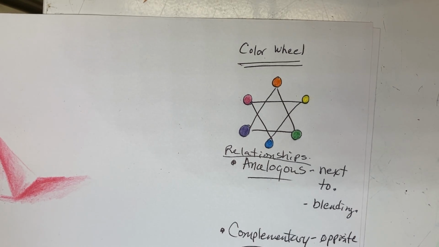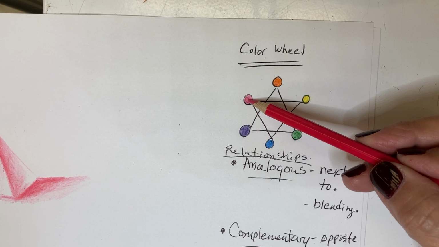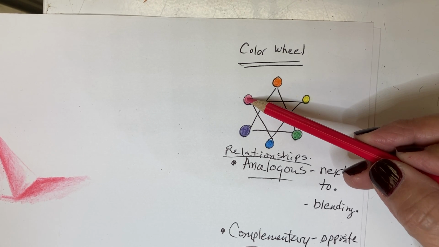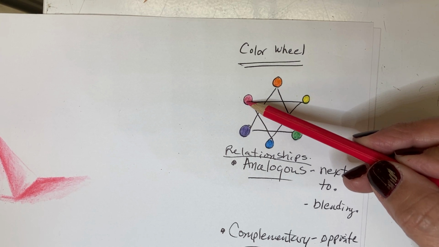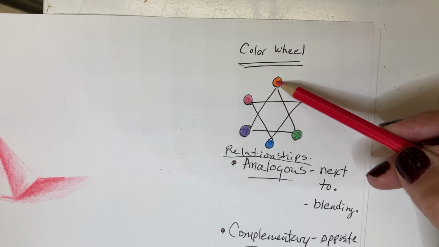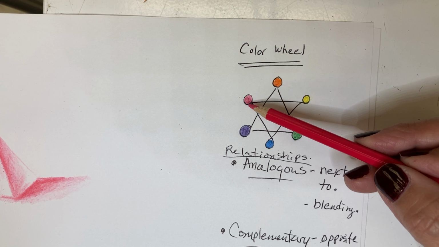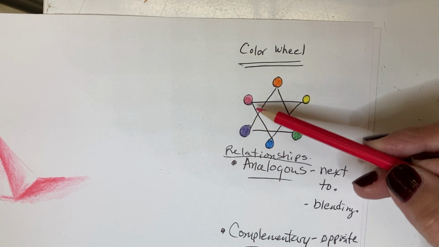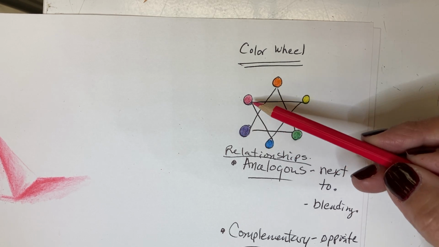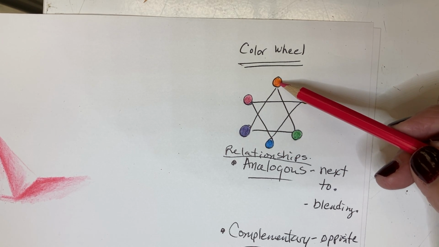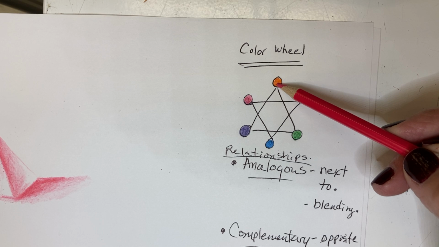Now let's look at the color wheel real quick, because this is going to help you determine what other colors to use. Here we have red on the color wheel. Next to the red, we have purple on one side and orange on the other side. Between these two colors, the darkest shade is purple, and the lighter shade is orange.